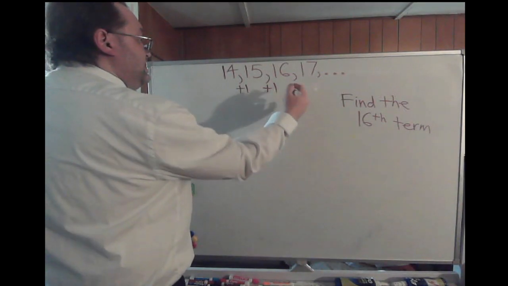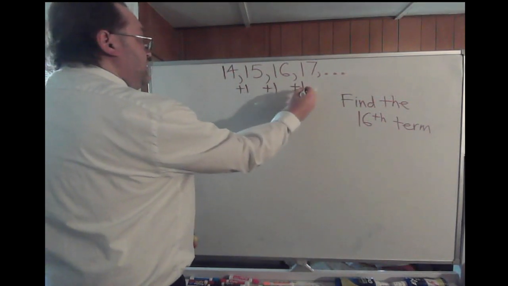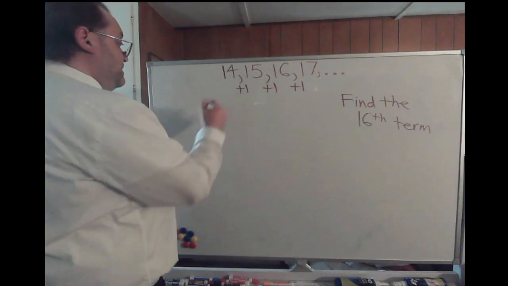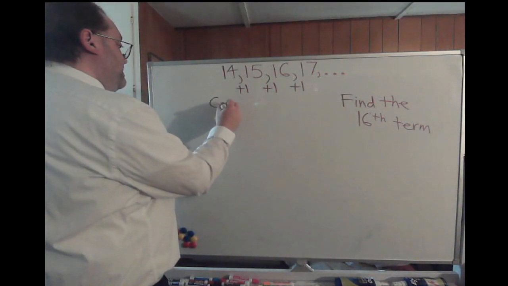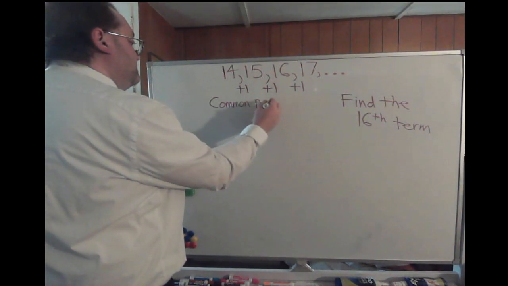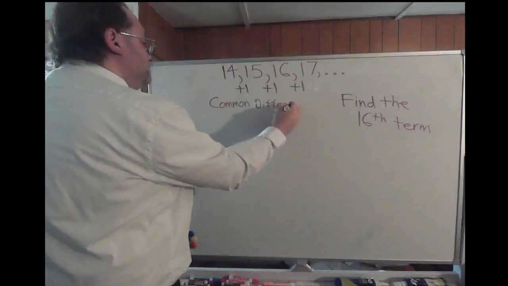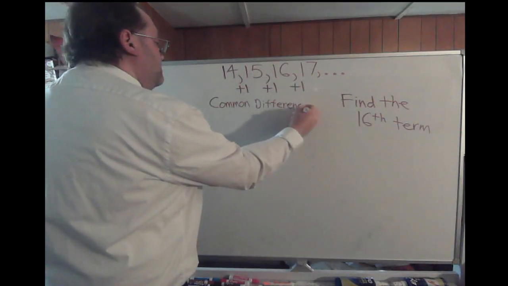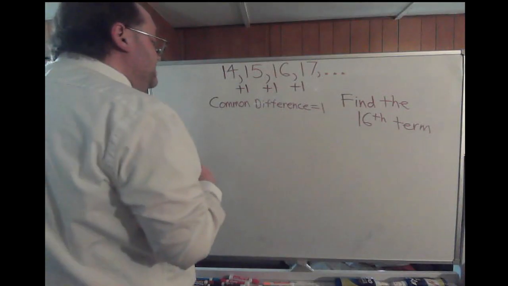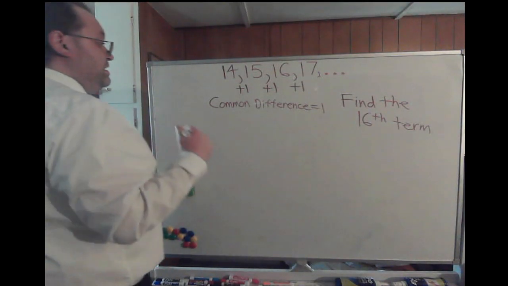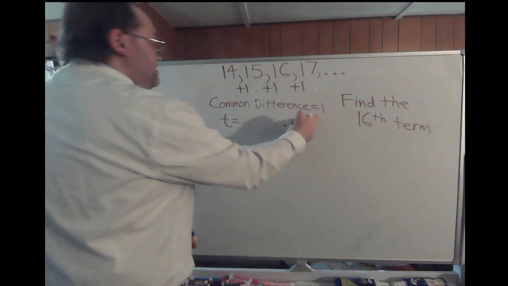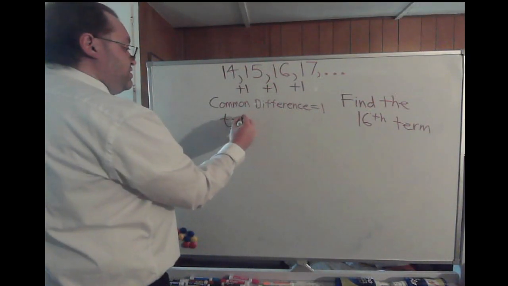To get from 16 to 17, you simply add 1. Okay. So it looks like the common difference, once again, is 1. Common difference equals 1. So, to figure out your term, you're going to take that common difference of 1 times the number of term you're on.